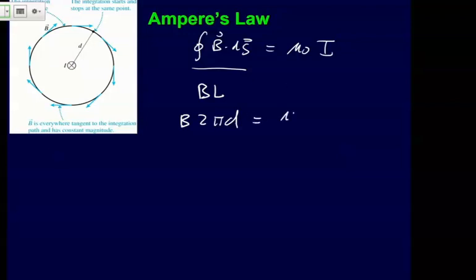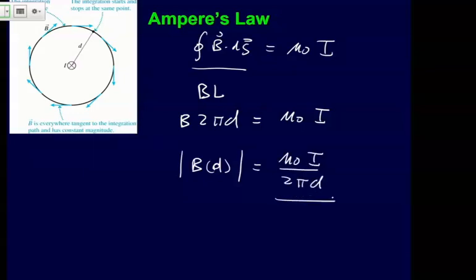Then I set that equal to mu naught times I, and solving for the magnitude of the magnetic field as a function of D, it's mu naught I over 2 pi D. In this example they chose to use D as the radius, but we used R before, but hopefully you remember this equation from last week.